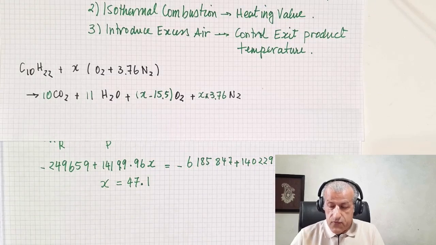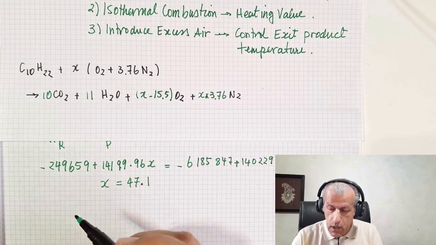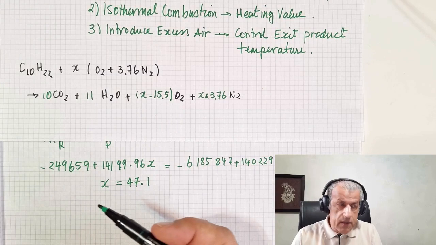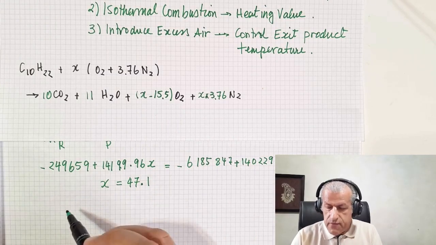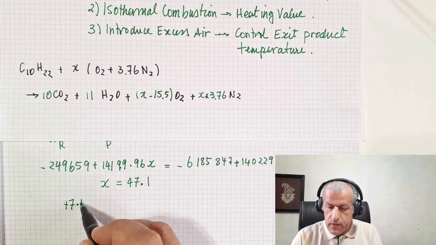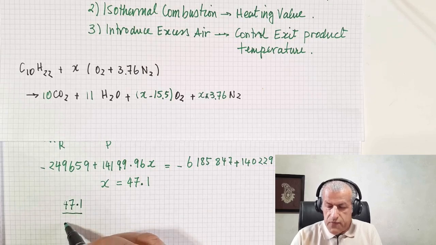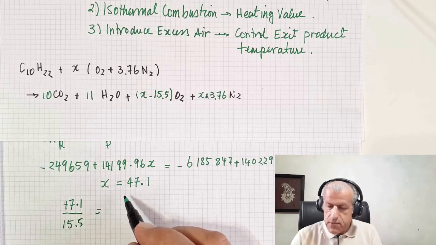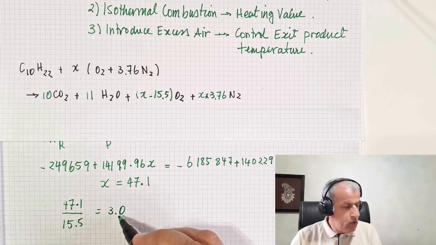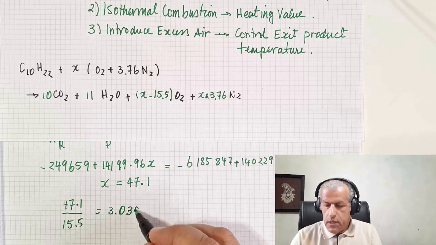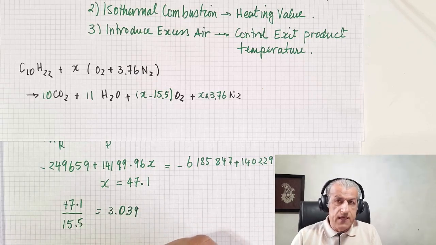Now that it is 47.1, if we divide 47.1 by 15.5, that equals 3.039.